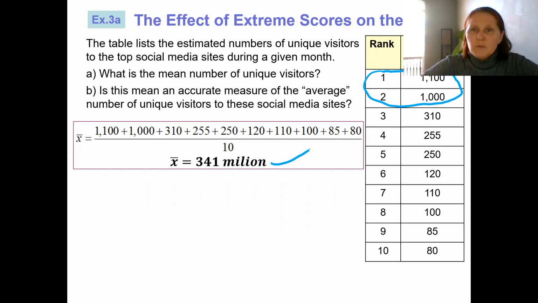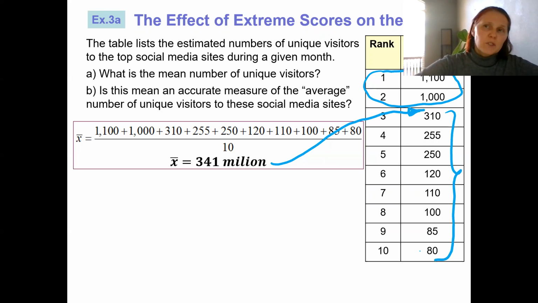This number, if we represent it on the number line, will be situated here. This number is greater than 8 of the 10 values that we consider. So it doesn't represent the other 8 values very well. Depending on what your goal is, you may want to exclude these so-called outliers.